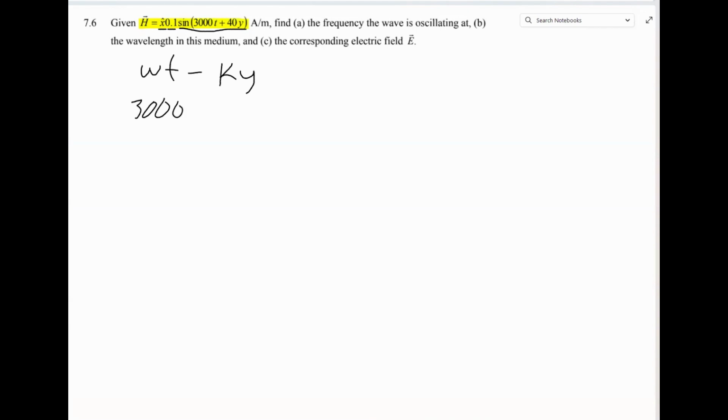So if we were to rewrite this equation in this format, we could rewrite it as 3000t minus (negative 40y). And you can also rewrite this as 40 times negative y.